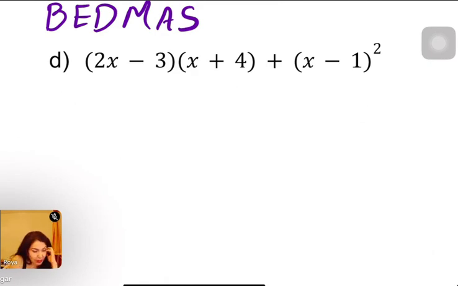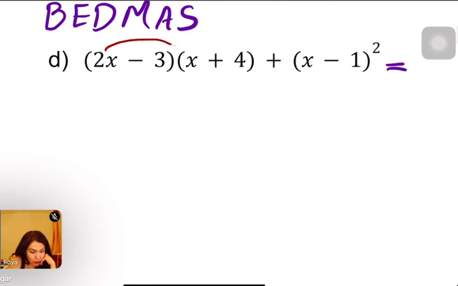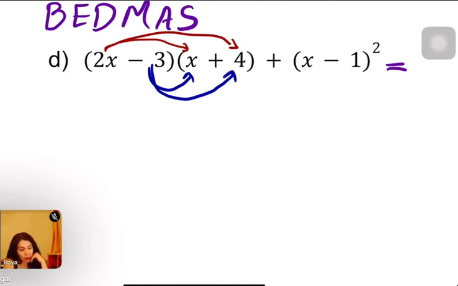First step, I'm going to multiply 2x by this and 2x here, negative 3 by x, negative 3 by positive 4. For the second part, I cannot get rid of this yet. I have to do this part first.